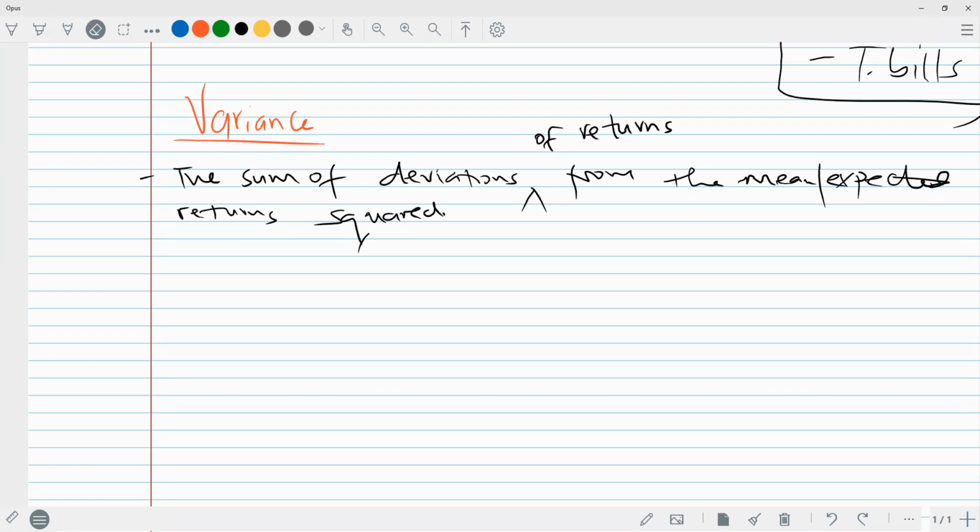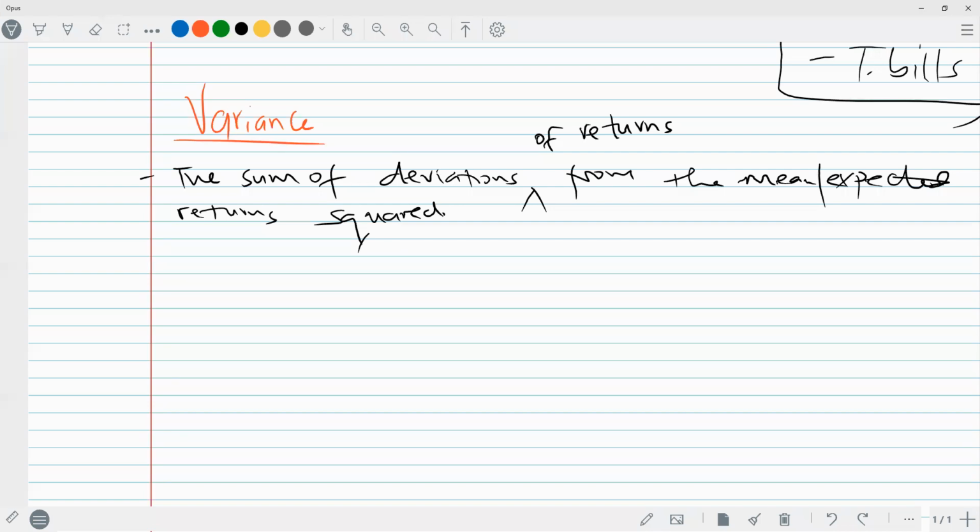The variance is the sum of deviation of the returns you'll be receiving from the mean, with those deviations squared. I hope this is not something new to you. I think you've done this in your high school, your O levels.